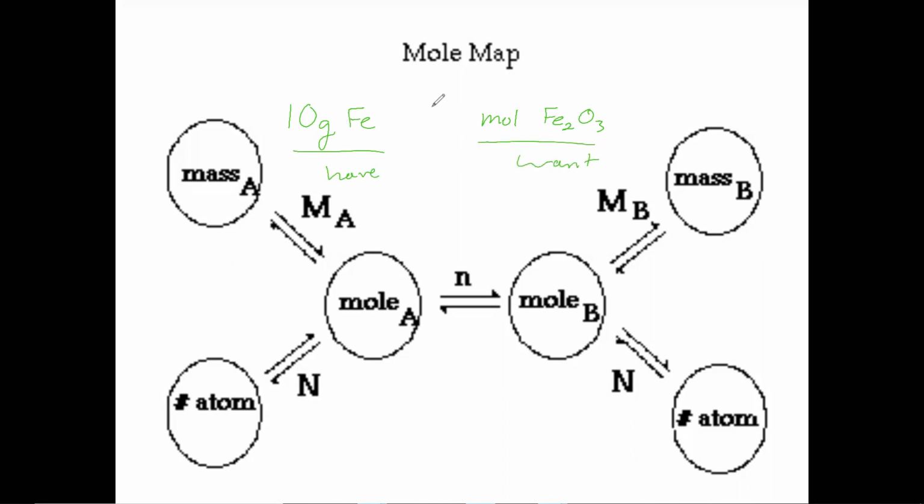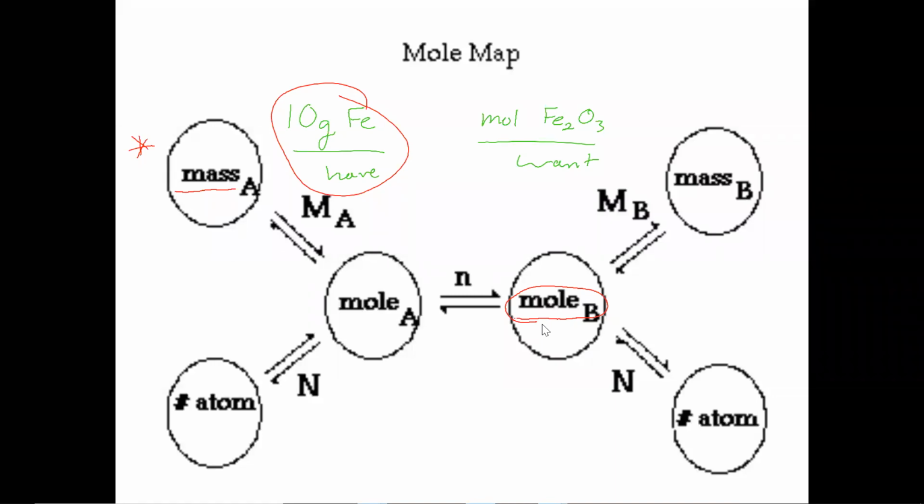Now, to know what conversions we have to do, we have to look at our mole map a little bit. So we're starting with a mass, over here on the left side. We are going towards moles of something else. So we're not going from mass of one thing to moles of the same thing. We're actually going from mass of one thing to moles of something else. So we're going over here, okay, to moles of B. How do I know it's not moles of A?